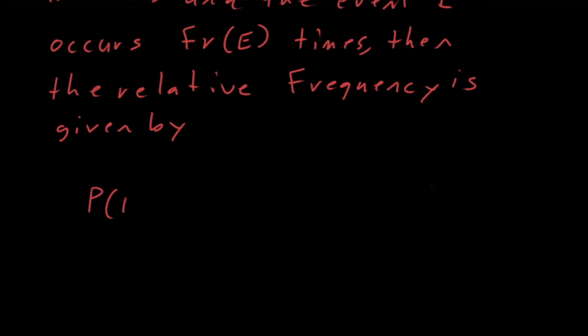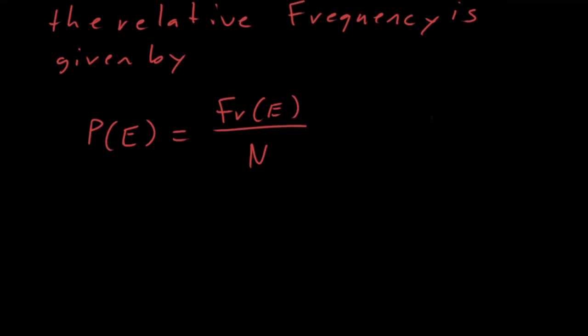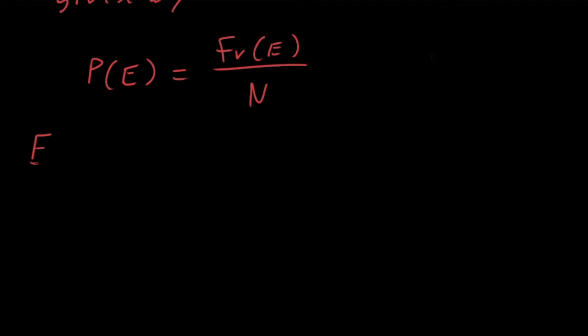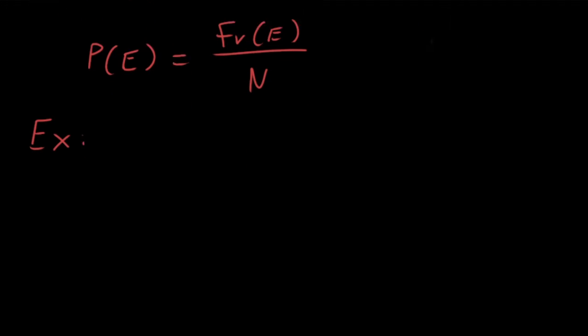So estimated probability of E is equal to the frequency of E over the number of times you did the experiment. All right, so let's do some examples, and then that'll be it.